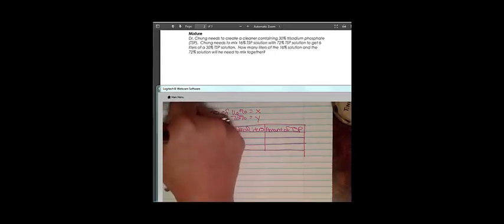Okay, so we have solutions. We actually have 3 solutions in this problem: a 30% solution, a 16% solution, and a 72% solution. So we have our 16% solution, our 72% solution, and then we're combining those, and that's going to give us our mixture, right?